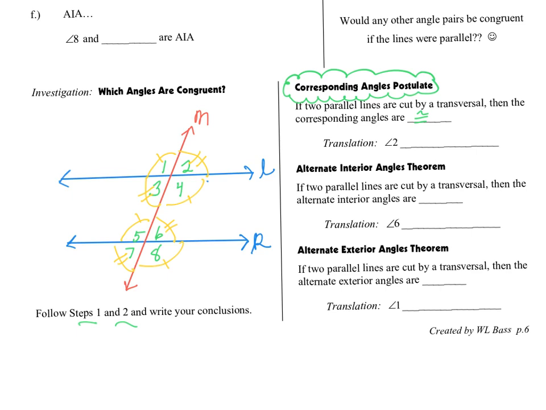So that means that angle 2 and angle 6 are corresponding angles and are therefore congruent. So angle 2 is congruent to angle 6. And we know that because parallel lines imply that corresponding angles are congruent.